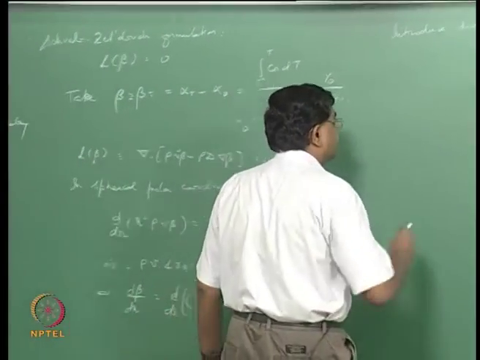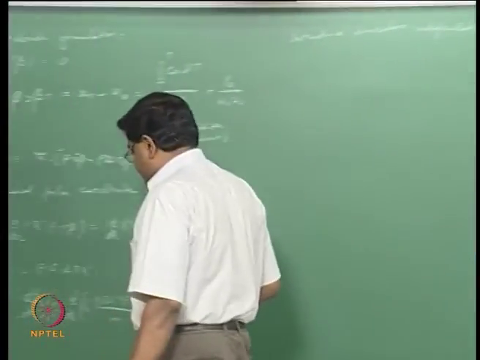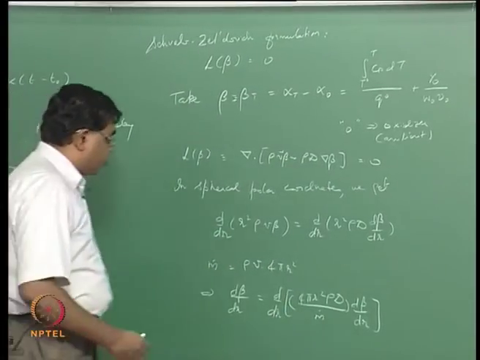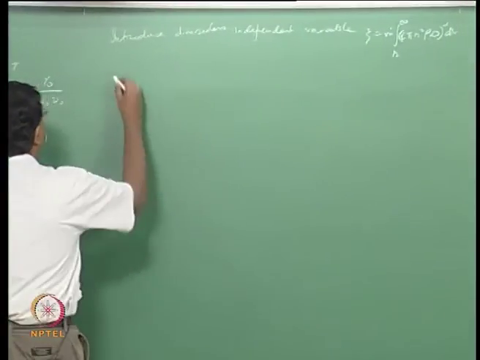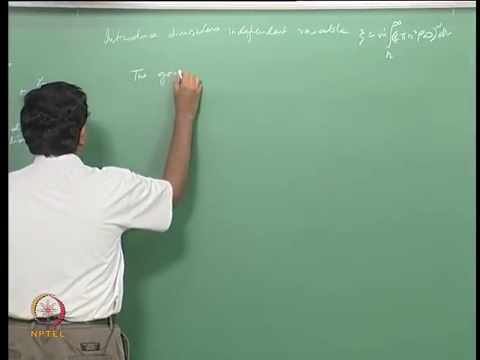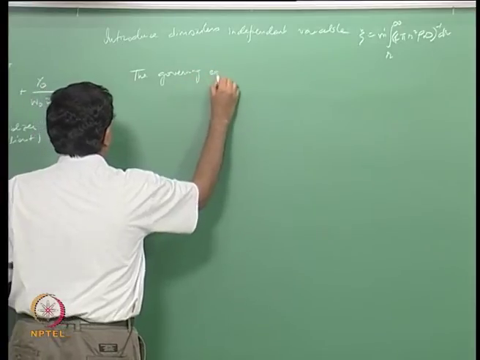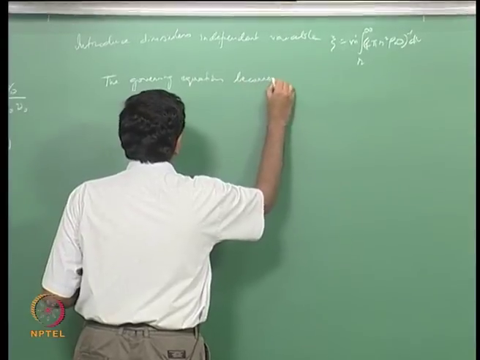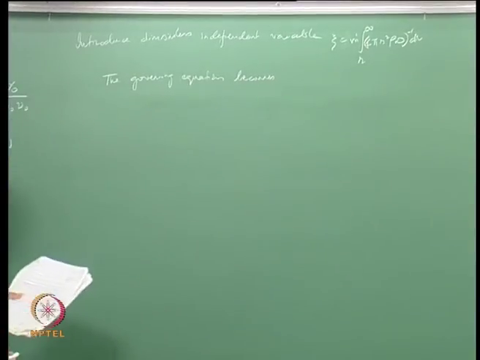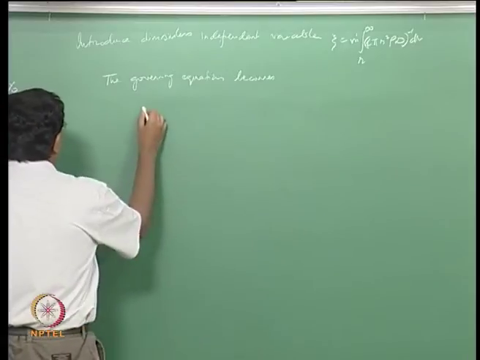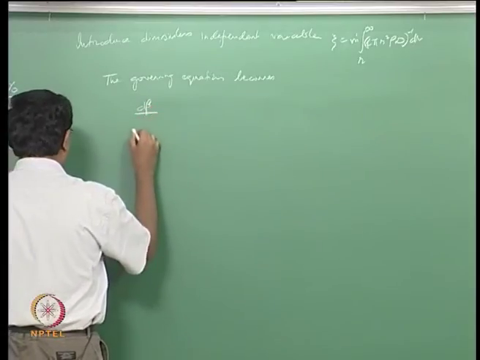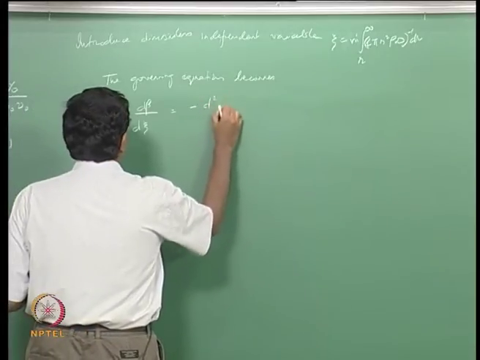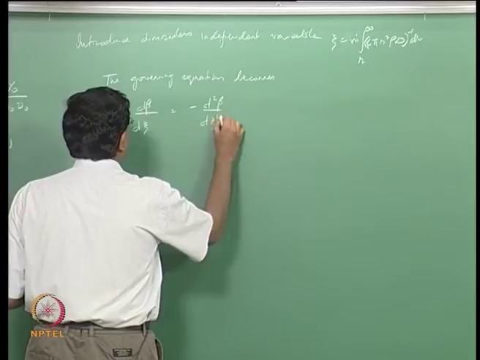So if you now adopt this particular independent variable, then you transform your equations in terms of psi as opposed to r, and the governing equation becomes d beta by d psi equal to minus d squared beta by d psi squared.